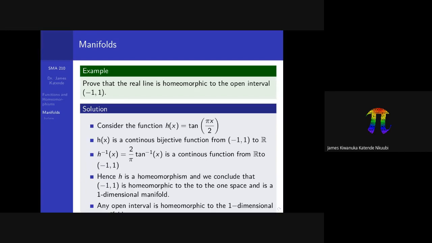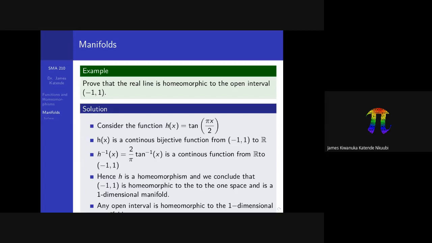The homeomorphism will simply be a continuous function that is bijective, and the inverse is also continuous, right?